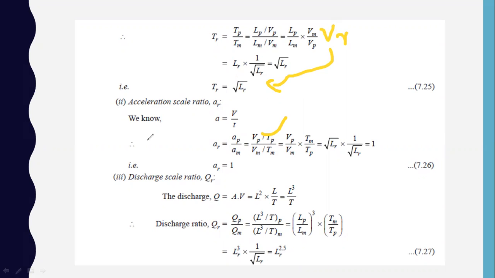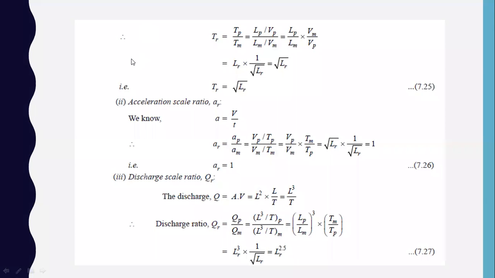Likewise, we will find the acceleration scale ratio. Acceleration is equal to velocity divided by time. If we substitute all these things, we get the acceleration ratio as 1. Then for the discharge scale ratio, we get Lr power 2.5.